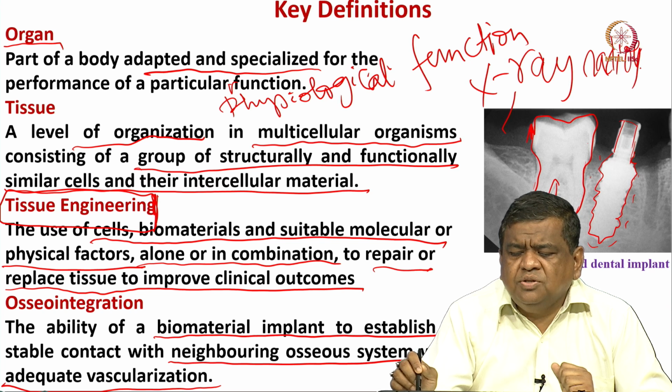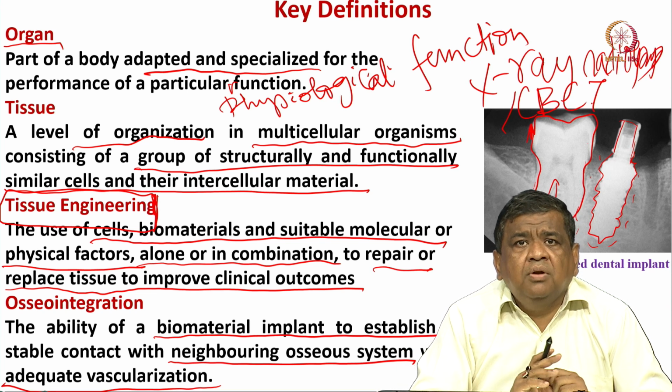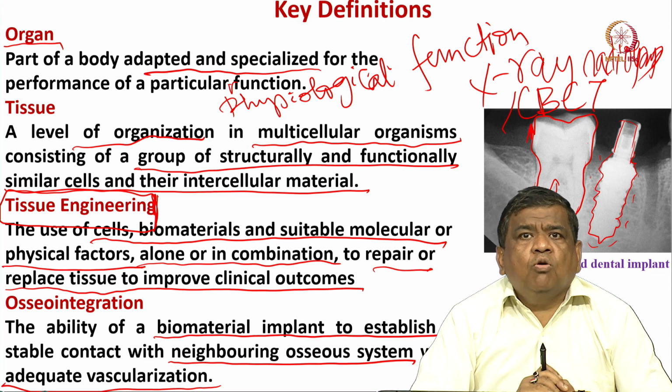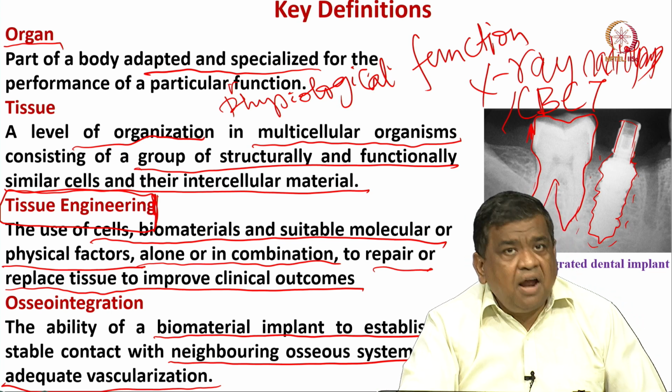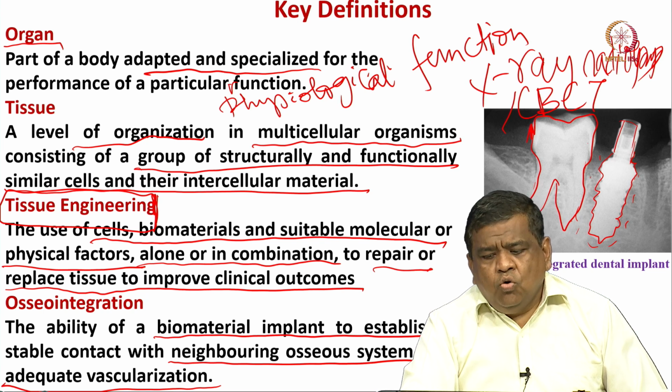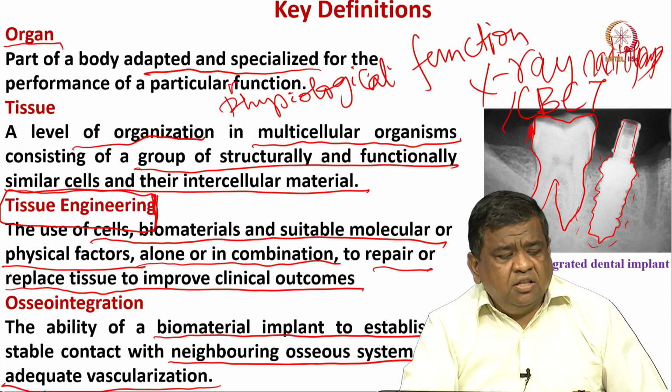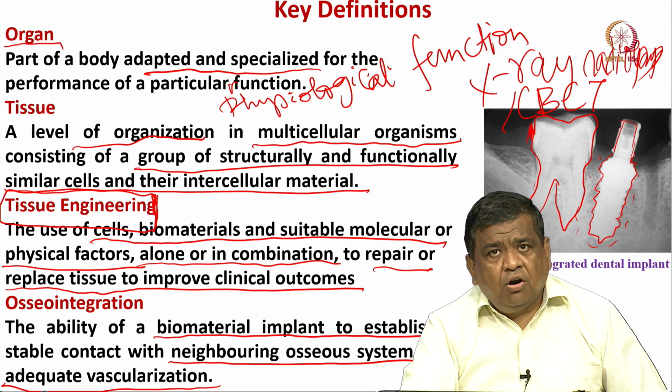Or many times you can see the CBCT image. CBCT means cone beam computed tomography images, and these will be good just to show whether any synthetic implants are being integrated or not.